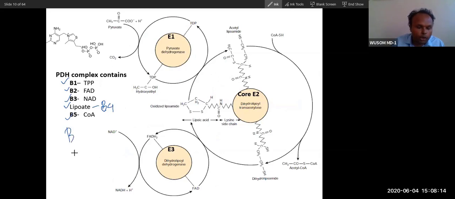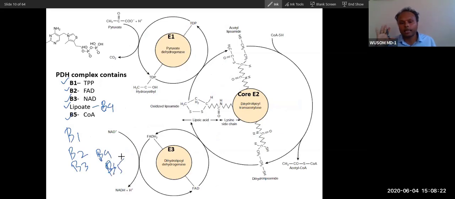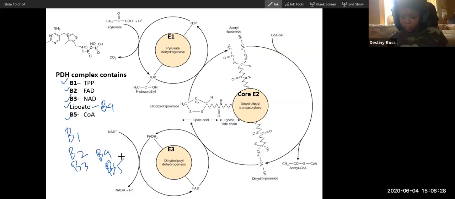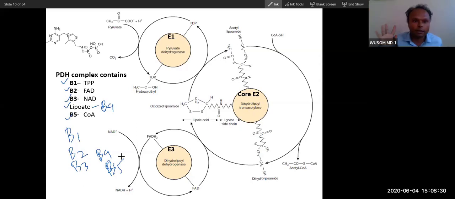So you will get the mnemonic B1, B2, B3, B4, and B5. So these 5 things are contained by one enzyme. Did you understand this? Yeah. So this is very important. These 5 vitamins are contained by this enzyme. And what is the role of vitamin B1?